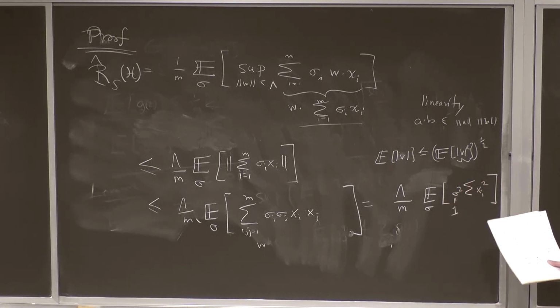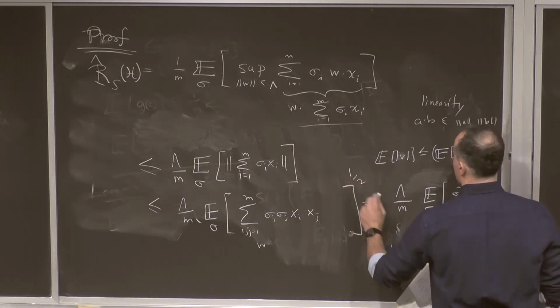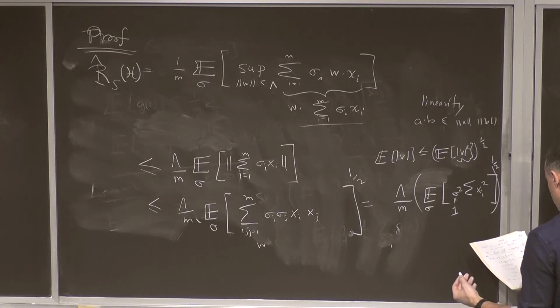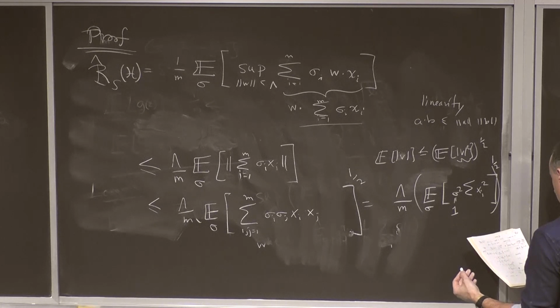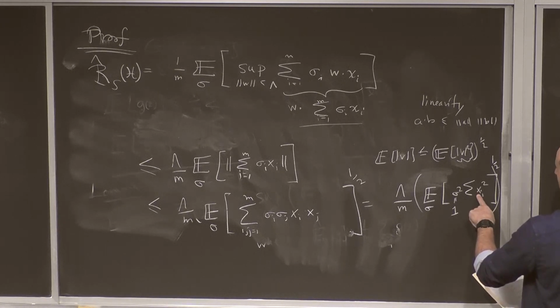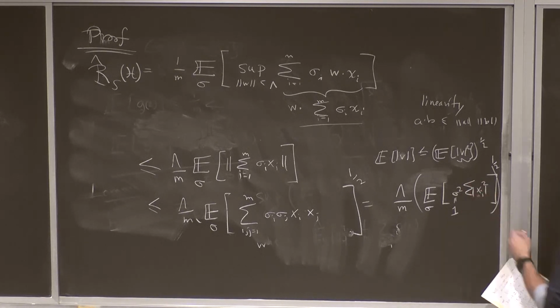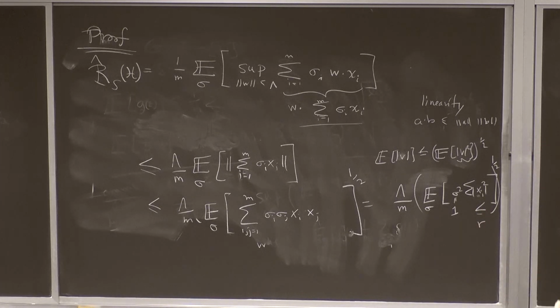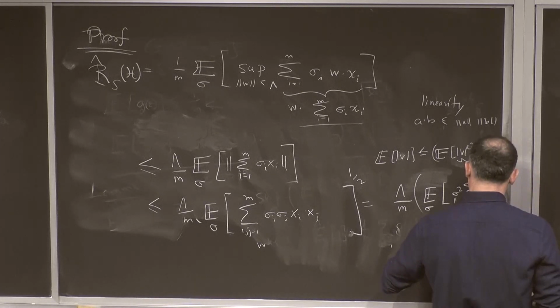Now, did I lose the square root? Yeah. Great. So what's that? That's bounded by, each xi, the norm of each of these is less than or equal to r. So we've got m r squared to the 1/2.